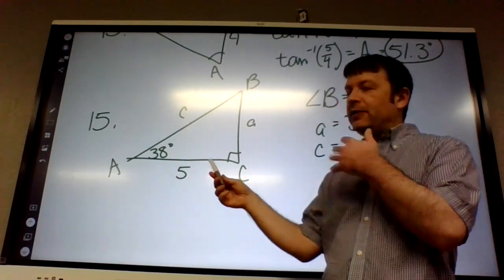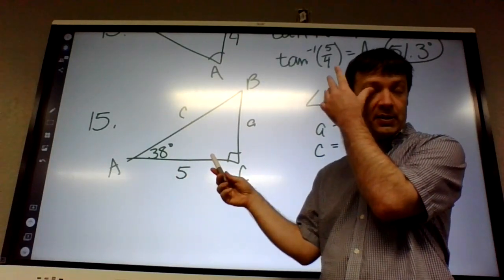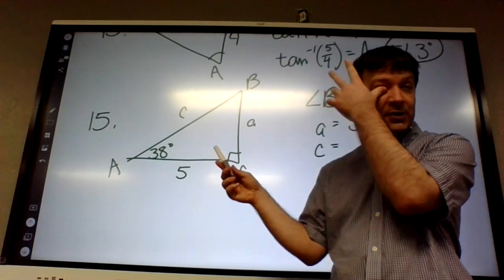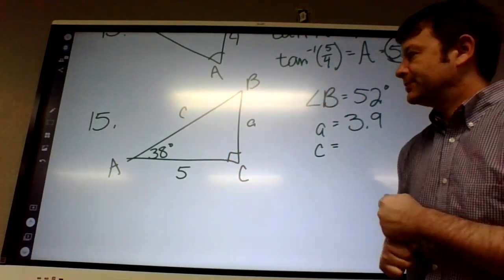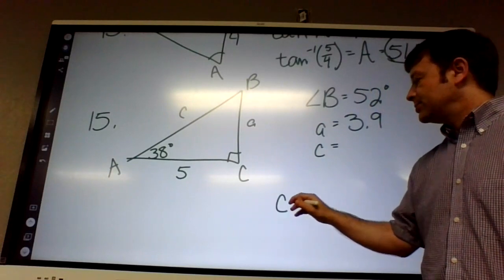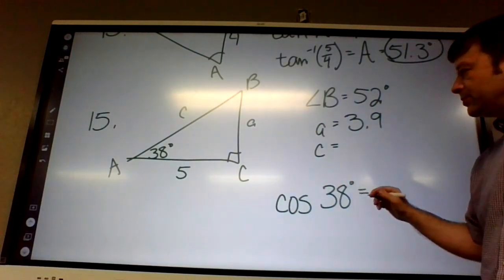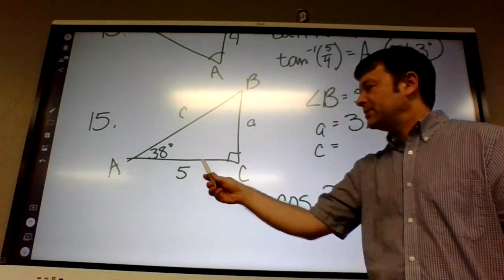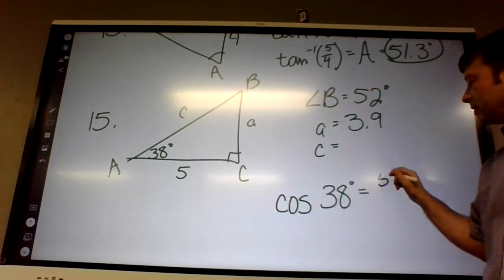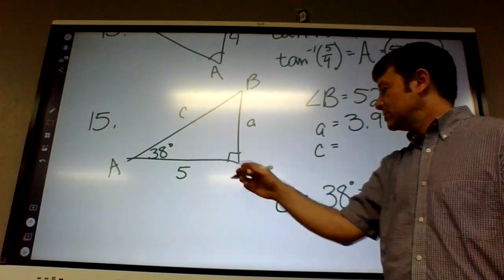Hypotenuse. 5 is the what side? Adjacent. Which function uses hypotenuse and adjacent? Cosine. Cosine of the angle should equal adjacent 5 over hypotenuse C.